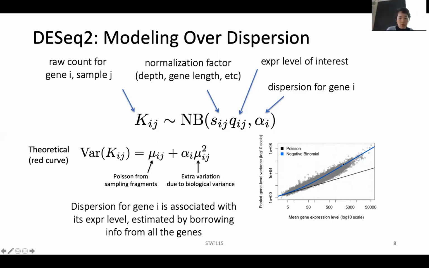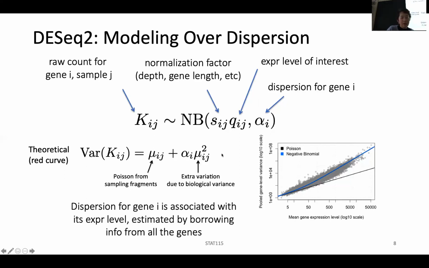And if we were to draw this figure, you will see something like this, and we can actually model the theoretical variance of every gene by this equation, which is the mean mu_ij plus alpha mu squared. If we don't have the second term, we are saying that the variance is equal to mu. That's a regular Poisson distribution. But with this additional term, we are trying to capture the over-dispersion.